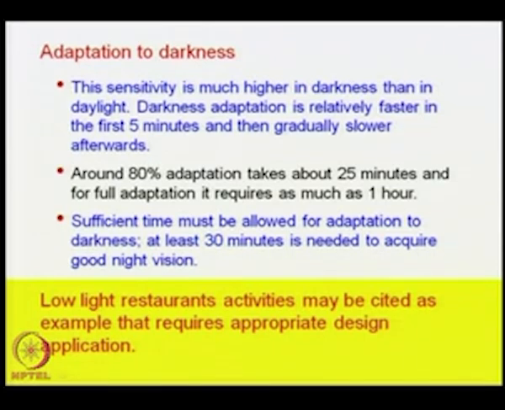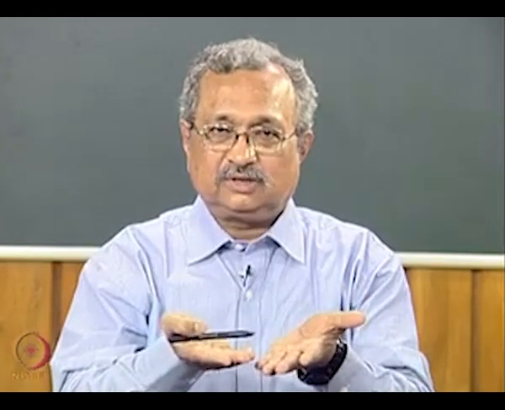Low light restaurants and their activities may be cited as an example that requires appropriate design application. Normally what happens when you enter a little low light restaurant is that everything may be very good in order, but when the waiter brings the menu card to you, it is very difficult to read.